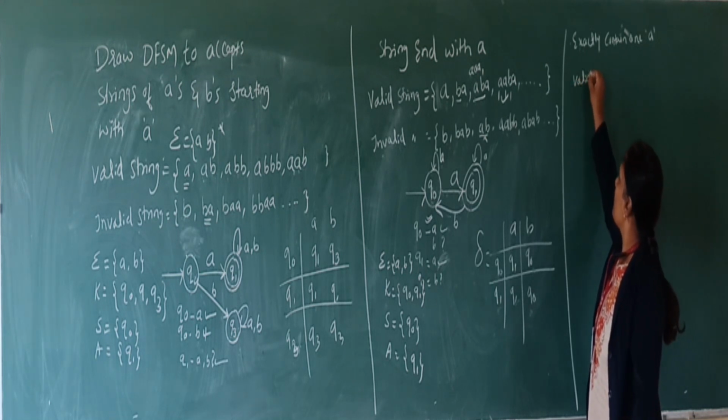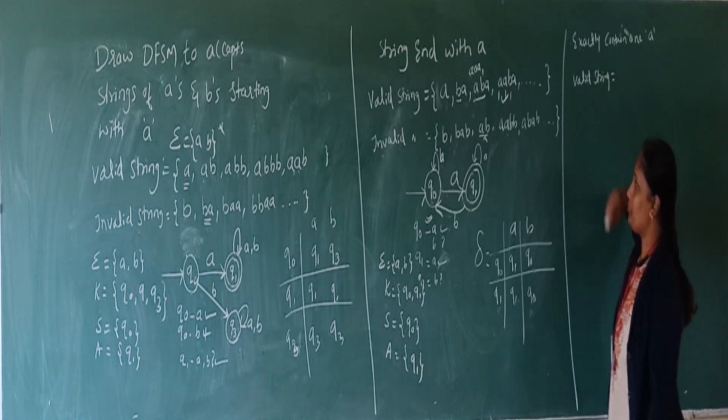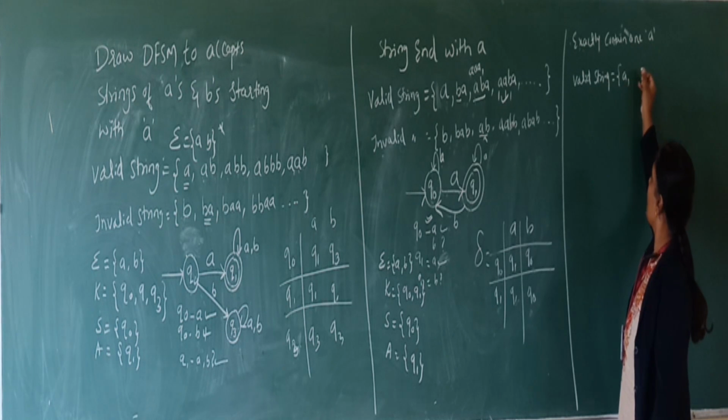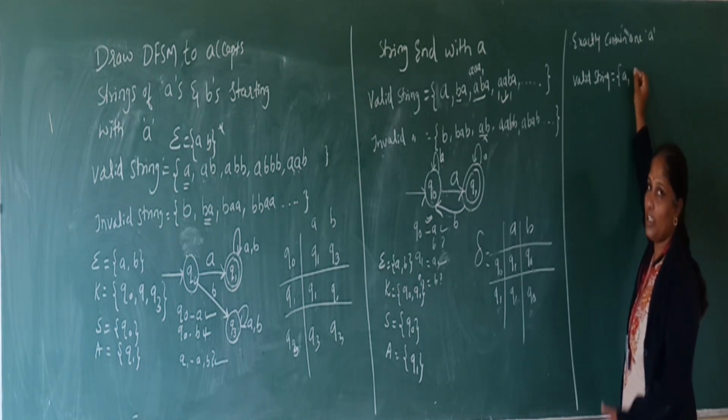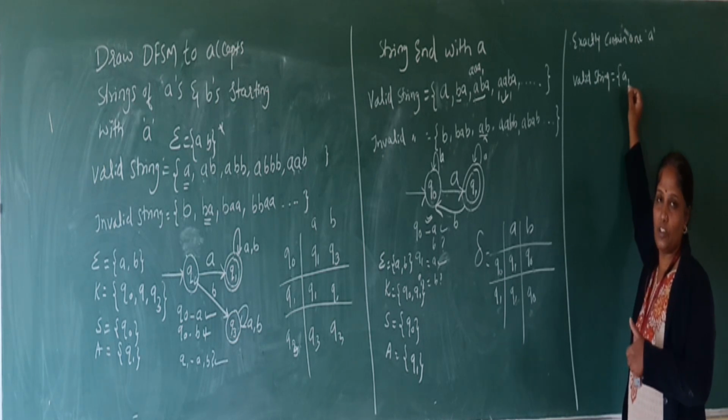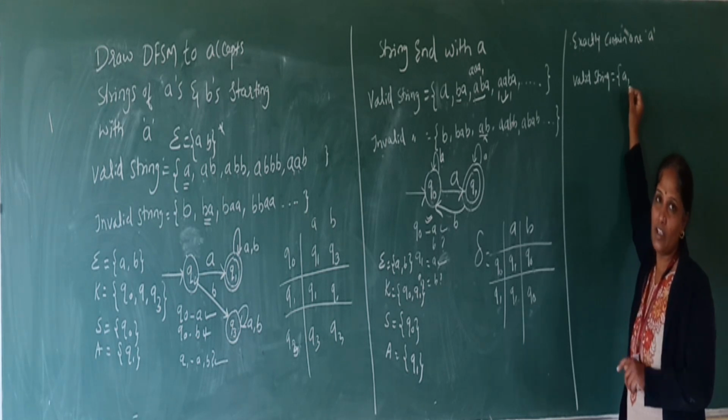So valid strings are: A, one A is valid. Next, see here, they had not given any condition on the start of the string or the end of the string. They had given the condition for the occurrence of A. So A may come first or last or in between, but the occurrence of A should be exactly one time in the string.